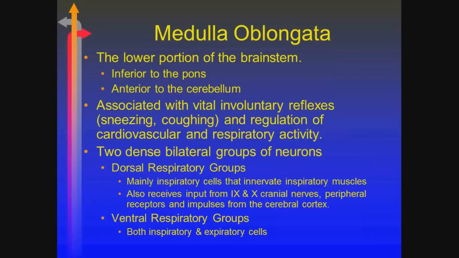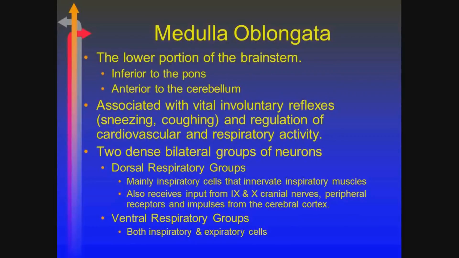So let me just go back and review a little bit about the central nervous system, specifically the medulla oblongata and the pons. The medulla oblongata, remember, is the lower portion of the brainstem. It's the part that is just proximal to the foramen magnum.